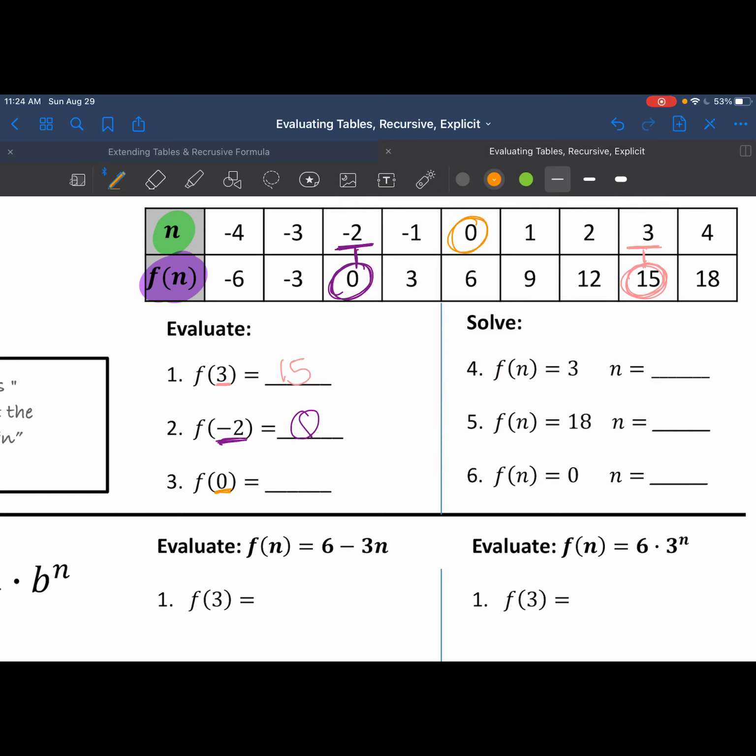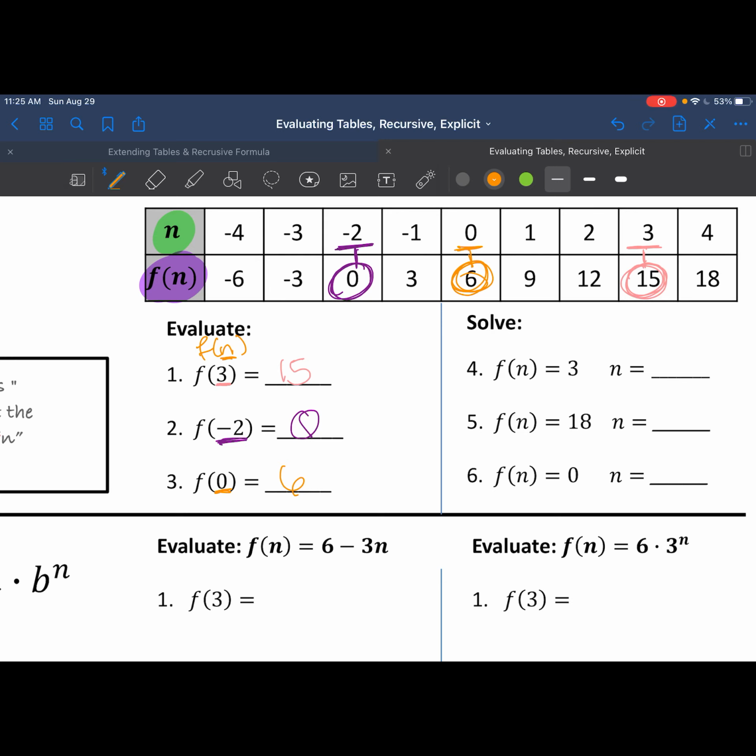So when our n value is 0, let's not circle that, Miss Rawolf, its f of n partner is our answer 6. Because remember, usually when we write this, it's f of n. Well, now we're given the n number, so we have to look on our n column to figure out f of n's value.